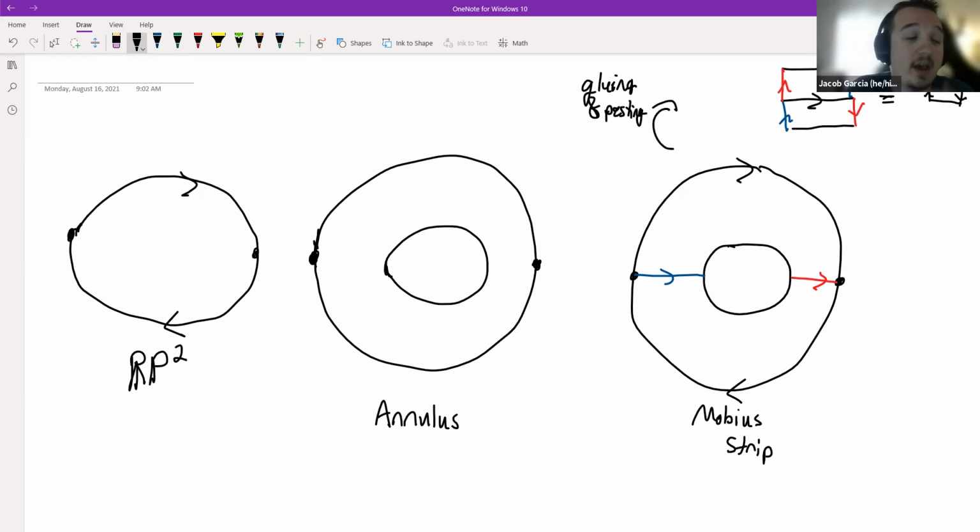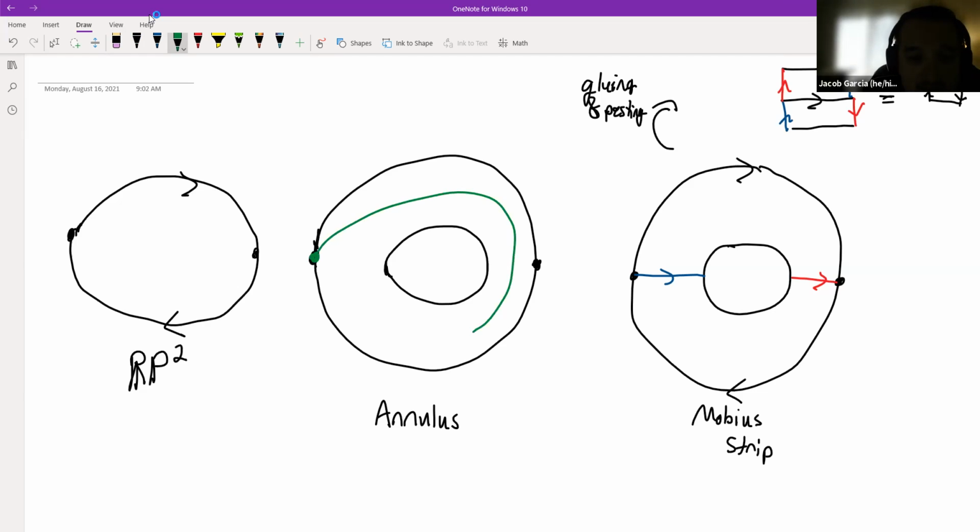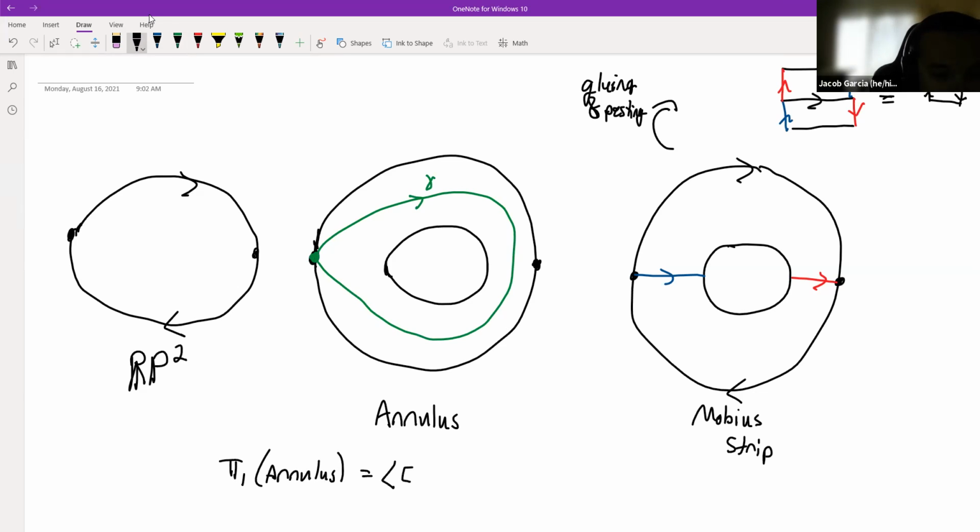Okay, so if I have, say, this left corner as the generator for my annulus, then I have here a loop, which I'll call gamma. So that way the fundamental group of my annulus is generated by gamma.